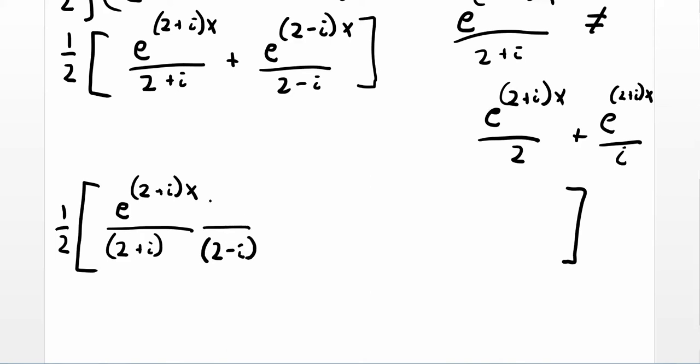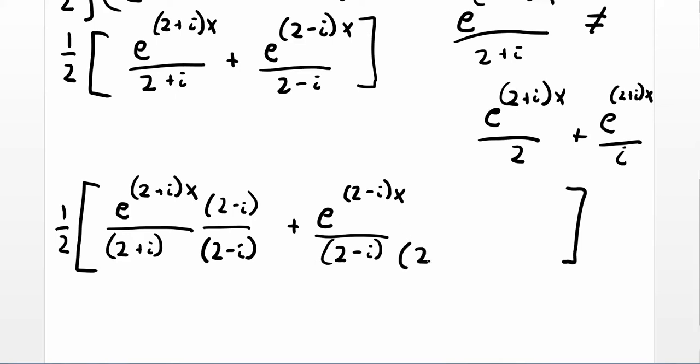Multiply on the bottom by that, you've got to multiply on the top by that. And then we'll do the same thing on the second exponential term. So multiply by the conjugate. In this case, the conjugate is 2 plus i.